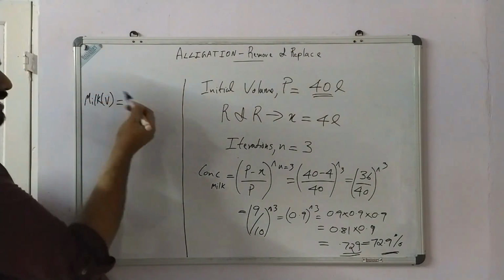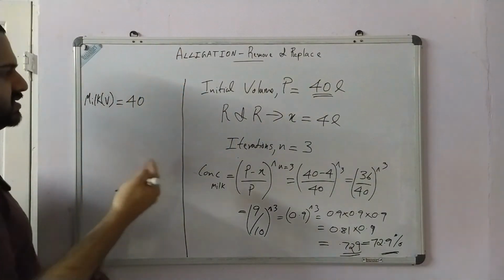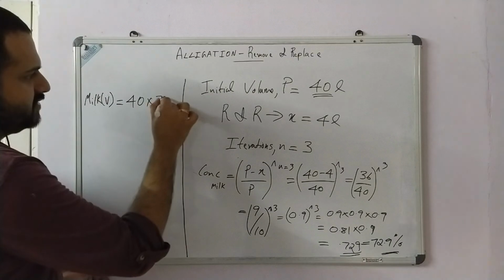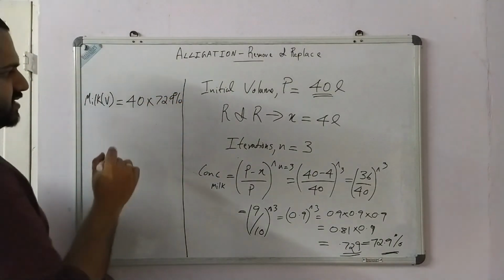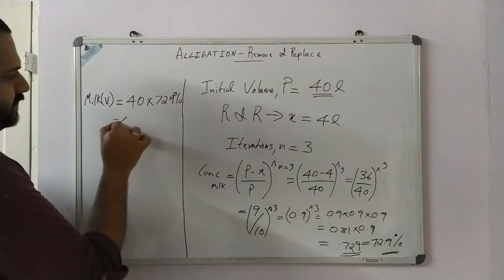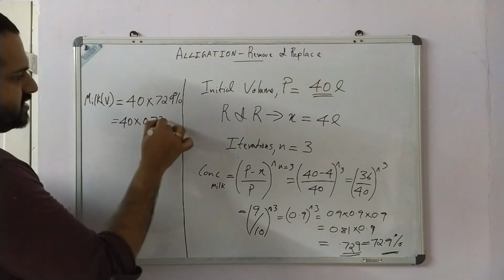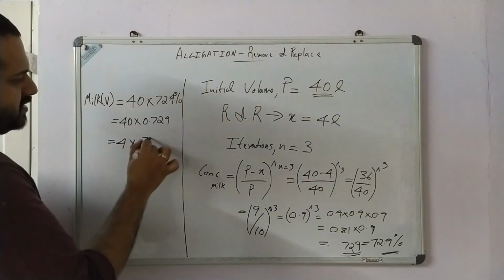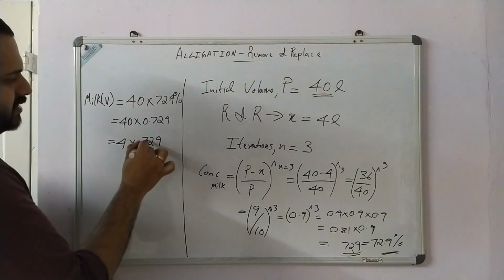So the volume of milk in the solution is nothing but the initial volume, which remains same in all the iterations, into the concentration of milk which we have just found out, which is 72.9%, right? So this gives me 40 into 0.729, which is nothing but 4 into 7.29, correct?